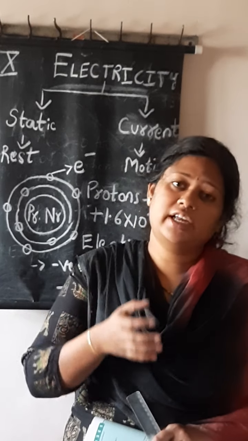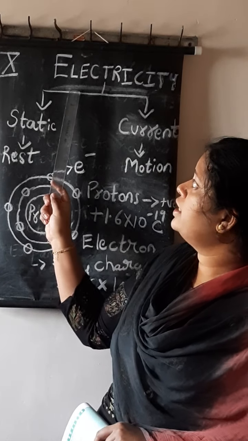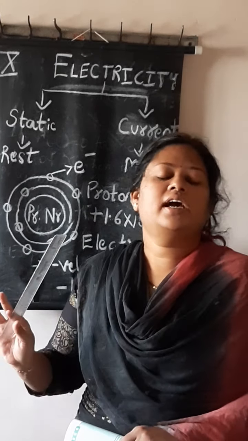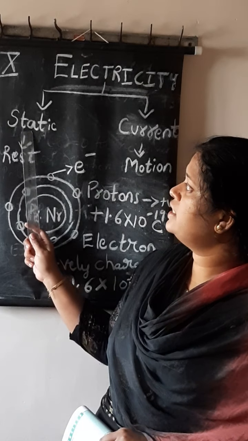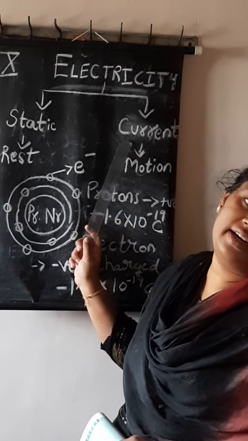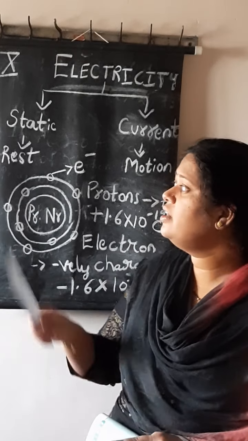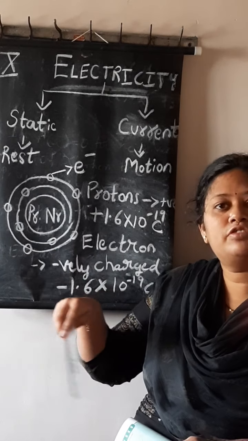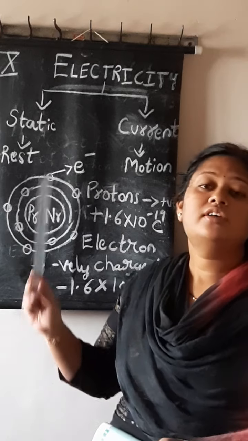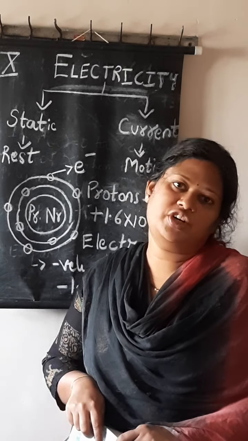What are charges? How many types of charges are there? So this electricity chapter is completely about the study of charges. But there are two branches, as I said, static electricity and current electricity. Static means something which is at rest, so here we study the charges at rest, and current means which is flowing or in motion. So current electricity means we study the flow of charges.